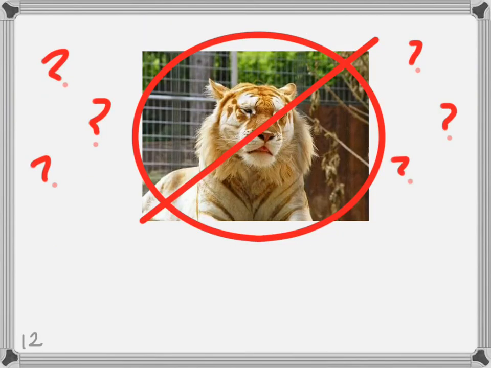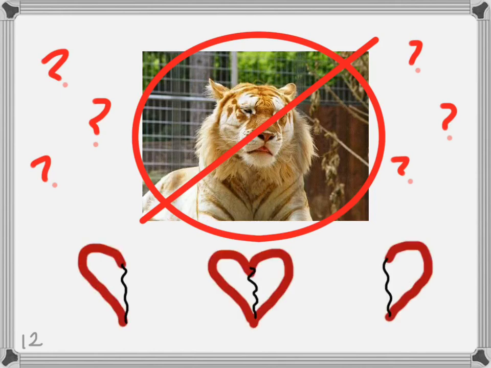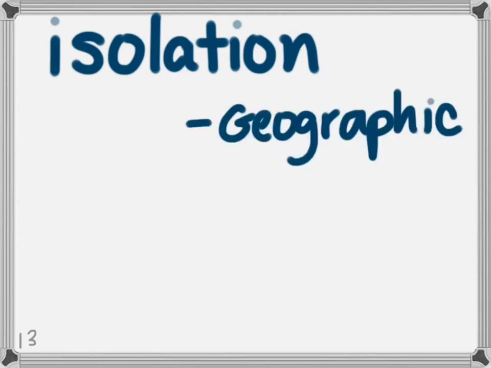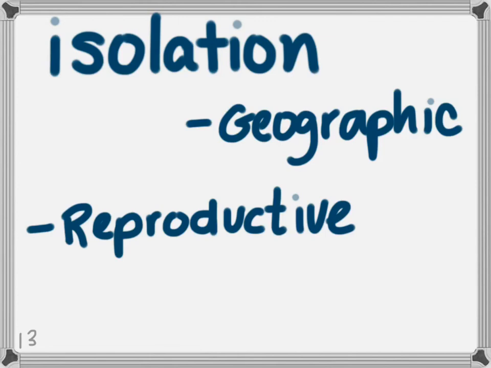This leads us right back to the question of speciation. Species in nature are the result of some kind of isolation. It means that for some reason members of Group A and Group B don't mate, even if they could. There are two categories of isolation: geographic and reproductive.